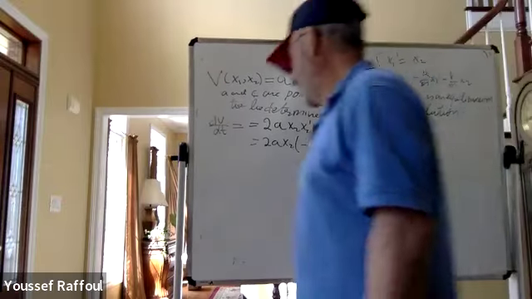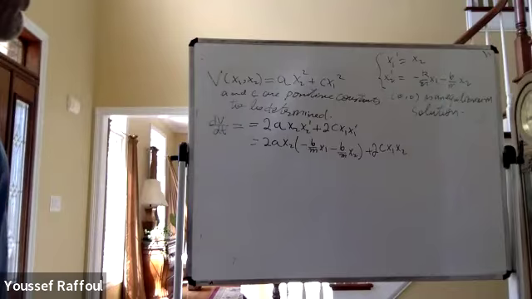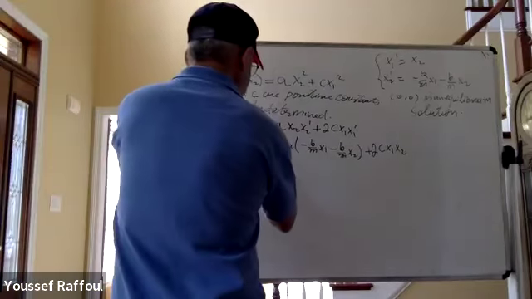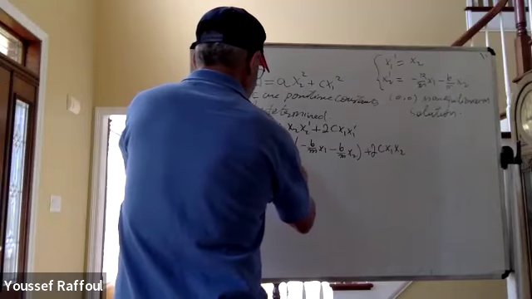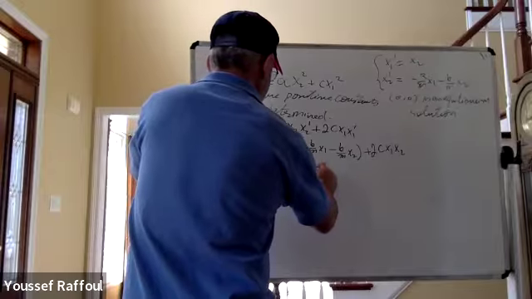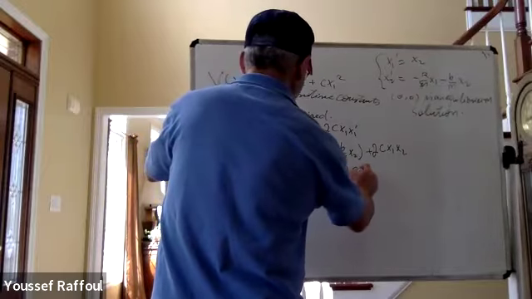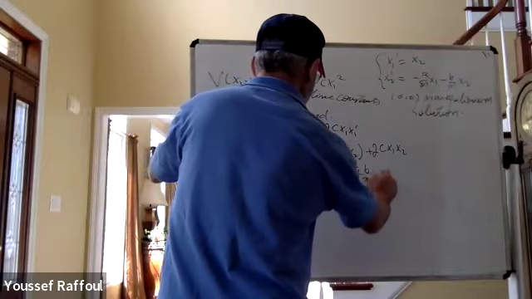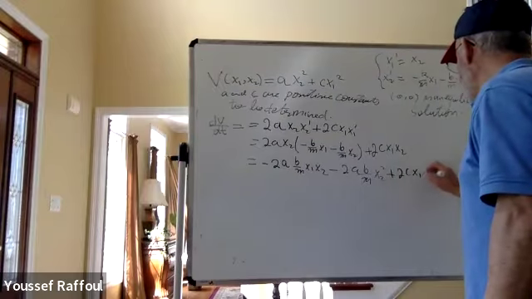You see what happened? So this is minus 2A k over m x1 x2 minus 2A b over m x2 squared plus 2C x1 x2.